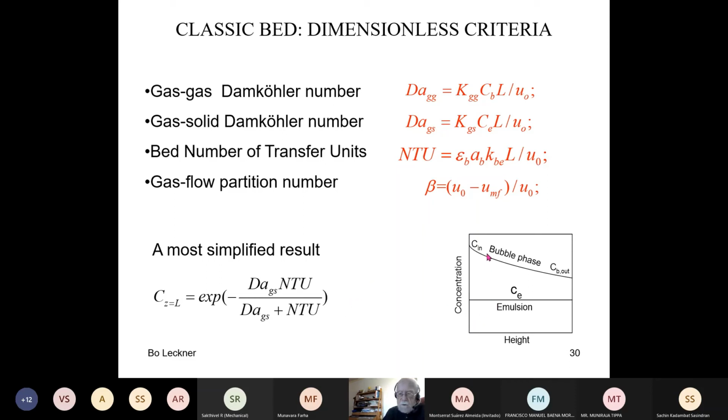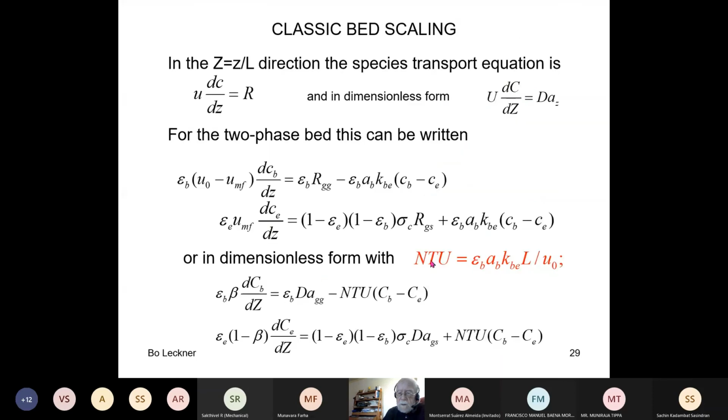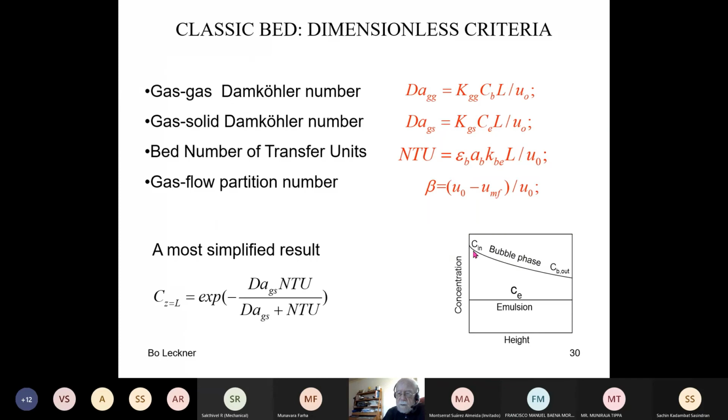So the number of transfer units connects these two regions, because there is an interchange between the emulsion and the bubble phase according to this term. And that is described by the number of transfer units. So this is how this type of modeling takes place.